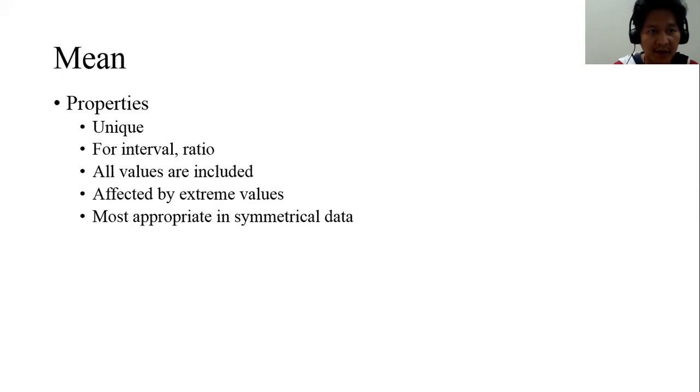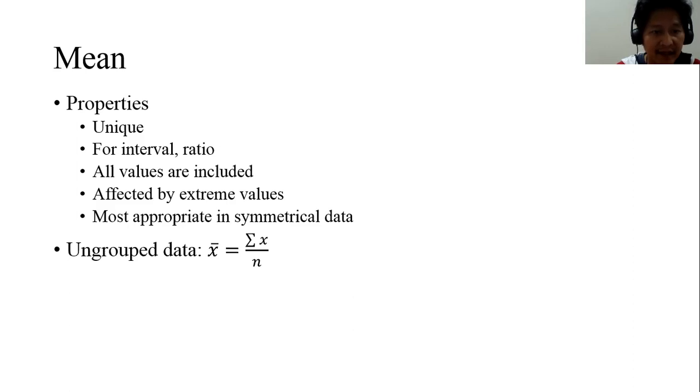Ibig sabihin, isa lang ang makukuha nating mean sa bawat set of data natin. This one is best for interval and ratio data. When we compute for the mean, all values are included kasi isama natin sila lahat sa pag-add or pag-average. With this, this is affected by extreme values, but this one is most appropriate in symmetrical data. You can understand this further kung dating natin sa skewness in symmetrical data.